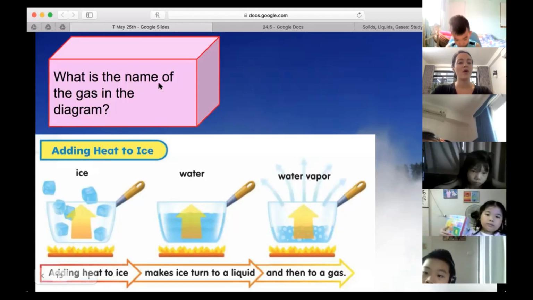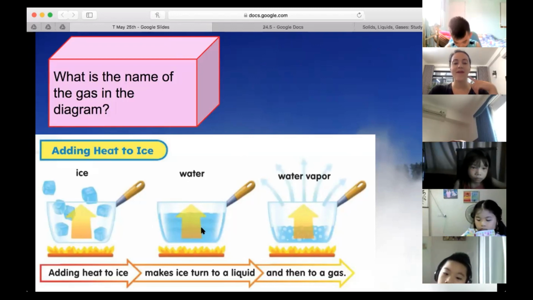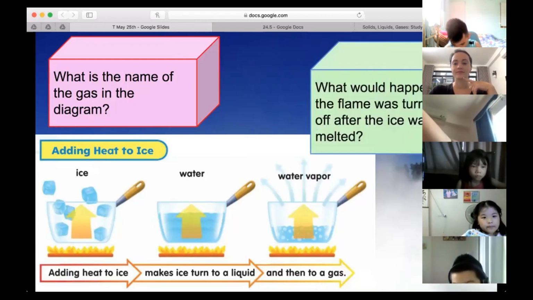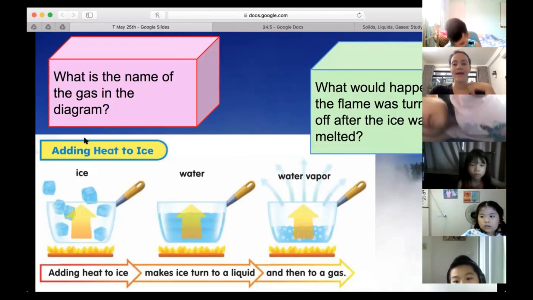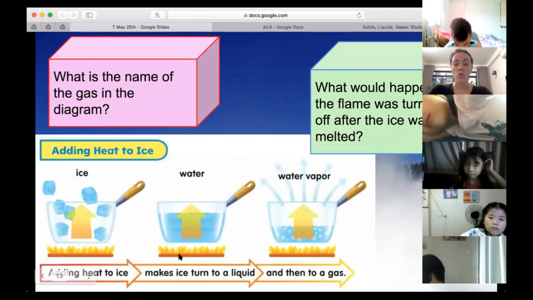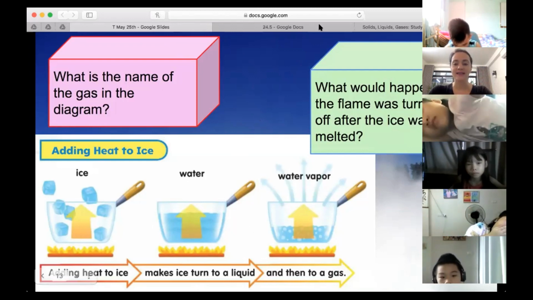Nam, what is the name of the gas in the diagram? Water vapor. You say vapor. Good, water vapor, excellent. What would happen if the fire was turned off after the ice was melted?